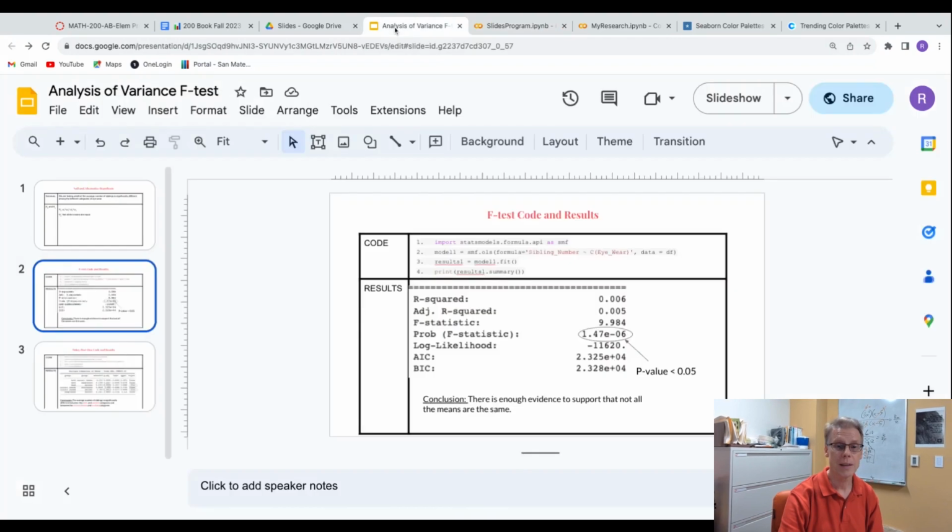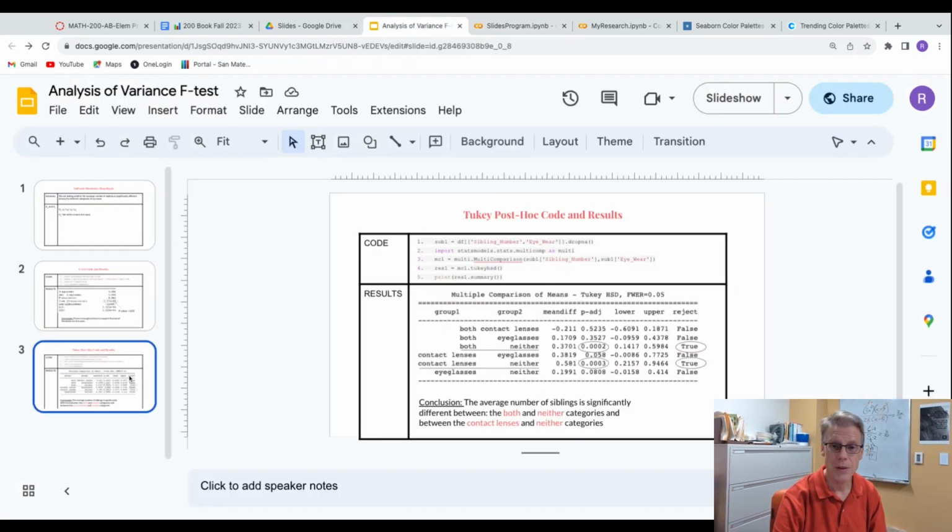So when I look over on my slide, to that third slide, here's all the code, but I'm highlighting the p-value and the fact that this is true, and then underlining the two categories that we found had significantly different average sibling numbers. So both and neither, and then contact lenses and neither.